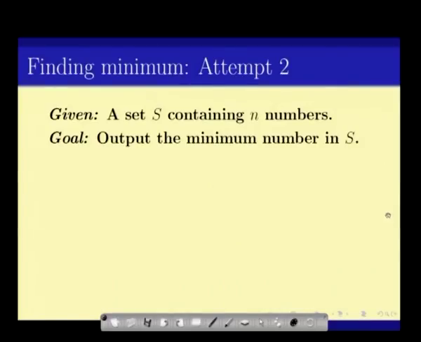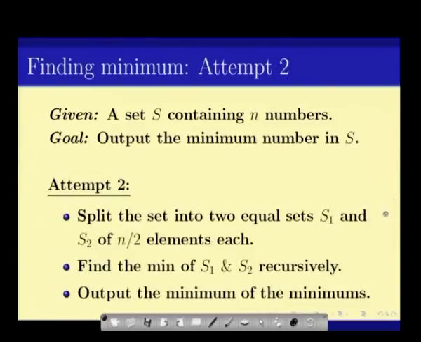So, in attempt 2, what we do first is split this problem into smaller problems and solve it there. The idea is just to split this set S into two equal sets S1 and S2 of size n over 2 each. Then recursively we find the minimum in the set S1 and the minimum in the set S2, and we output the minimum of these two minimums.